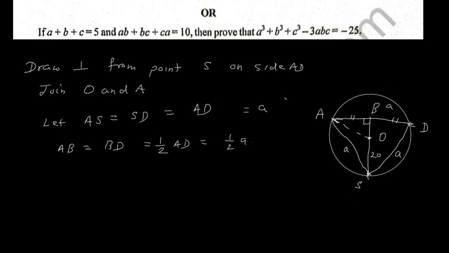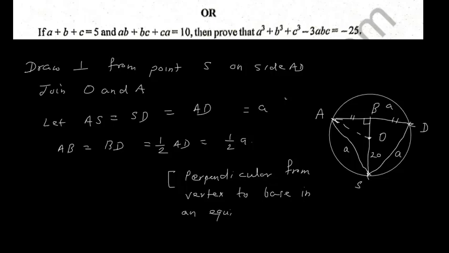You can say that this is a property of an equilateral triangle: the perpendicular from the vertex to the base in an equilateral triangle bisects the base.